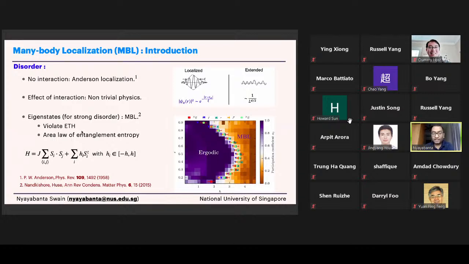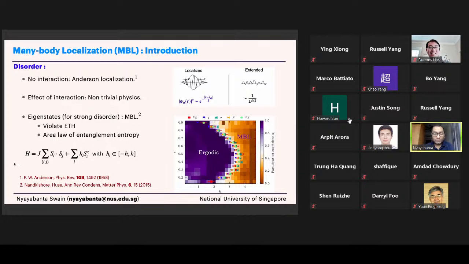It violates the eigenstate thermalization hypothesis. It also shows the area law of entanglement entropy, which is the behavior of ground states in general, but here we can see the area law even for excited states.